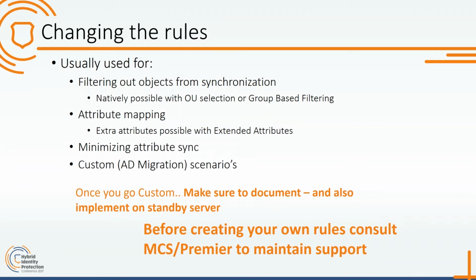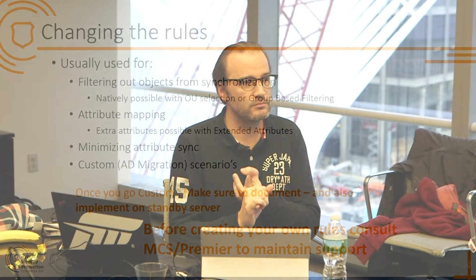If you want to add additional attributes and synchronize them into Azure Active Directory, or you want to map different attributes, that's also possible through the custom installation in Azure AD Connect, because it will ask you what kind of additional attributes you want to have synchronized. If you want to minimize the attribute sync, that's when you need to go into the rule editor. For the custom attributes, you're extending your schema into the custom attribute.